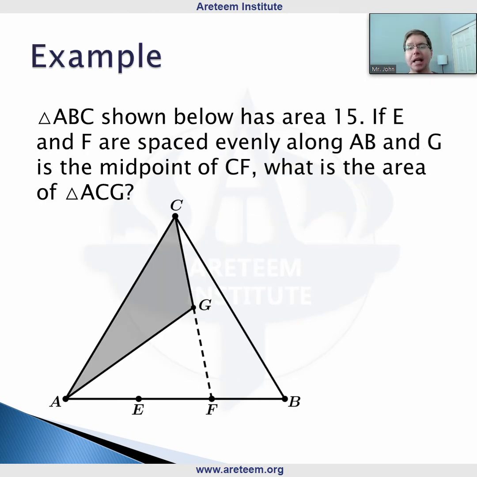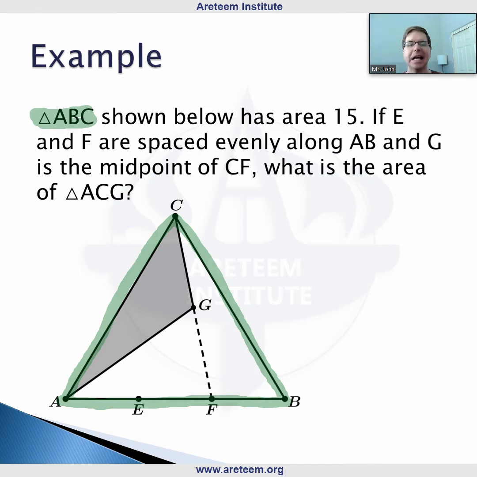Let's take a look at a problem. This shows the power of this idea, and you can really quickly come up with solutions to these problems using area ratios. We have a triangle shown here that has area 15, so our full triangle ABC has area 15. We are given some information about the different points and how we're dividing things up.